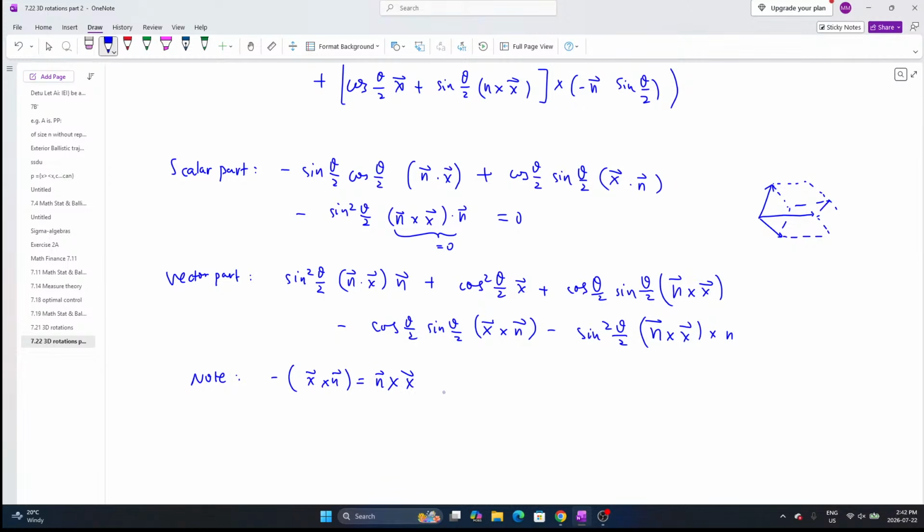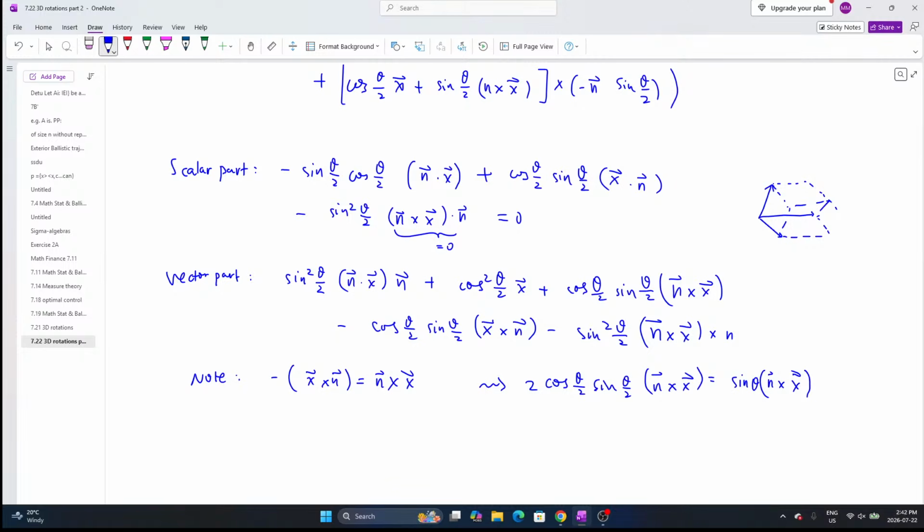So these two terms can be combined into, so you get a 2 times cosine half theta sine half theta n cross x, which is exactly, by the double angle formula, sine theta n cross x. So we recognize this term in the Rodriguez formula. So that's good news.